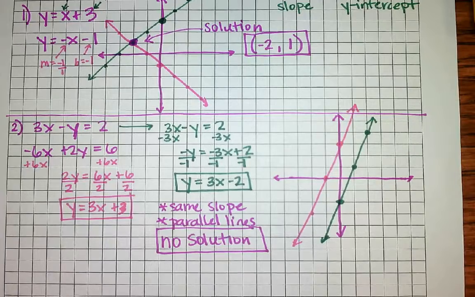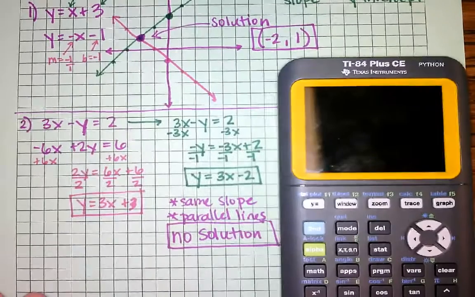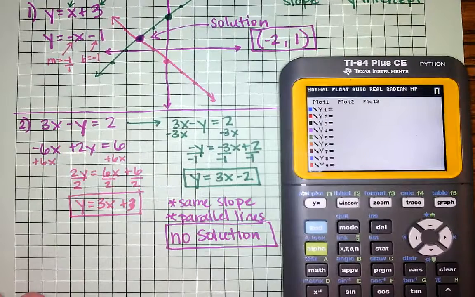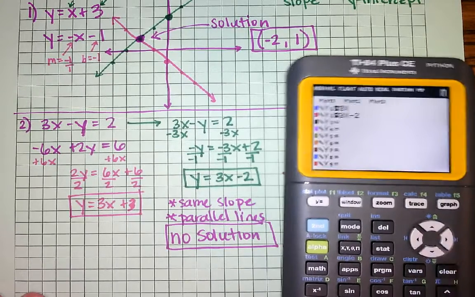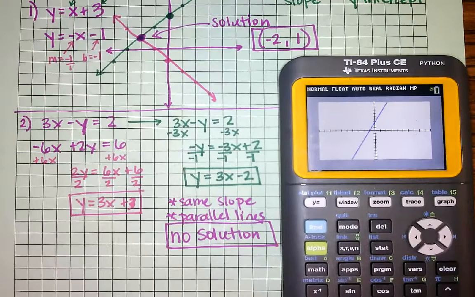Now, if we graphed it on the calculator, we would have seen 3x minus 2, and we had what, 3x plus 3, and we graphed those two lines. They are perfectly parallel, and there will be no solution to that graph. Do y'all feel comfortable with that as one of our answers?